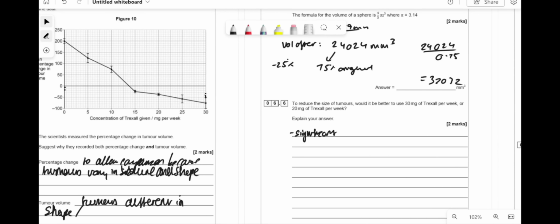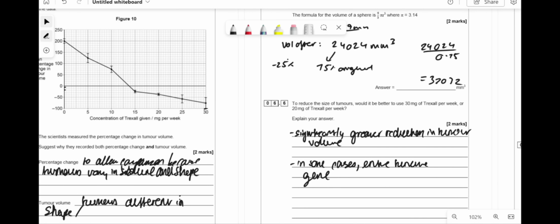If they overlapped, then there wouldn't be. And in some cases, it's minus 100. In some cases, the whole tumor's gone.